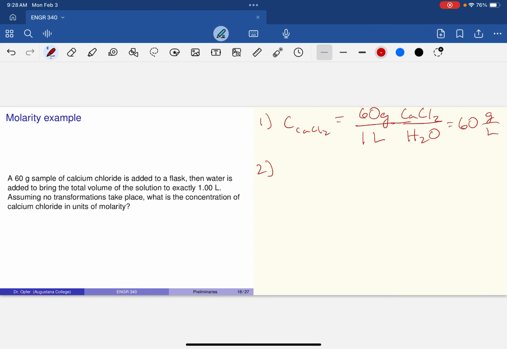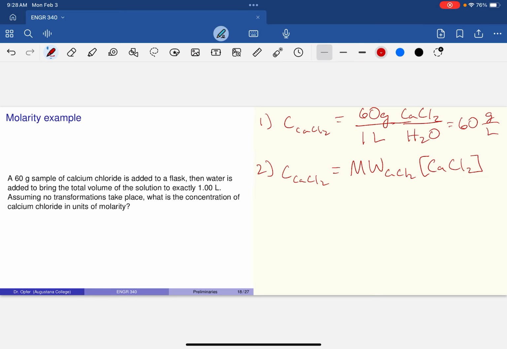So this states that the mass concentration of CaCl2, calcium chloride, is going to be equal to the molecular weight of calcium chloride times the molar concentration of calcium chloride. So remember, we use these bracket notations to denote a molar concentration.